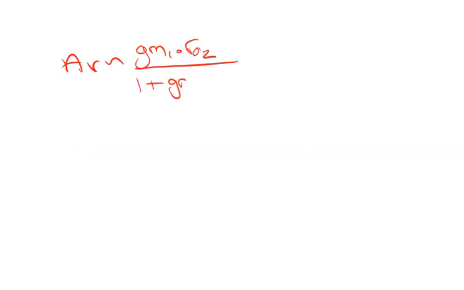So the gain here, based off the gain derived in the previous common gate recitation, will be approximately GM1 times R02 over 1 plus GM1 times R sig. And now when we did this derivation, I have to warn you, we made the assumption that R01 went to infinity. Why did we make that assumption?